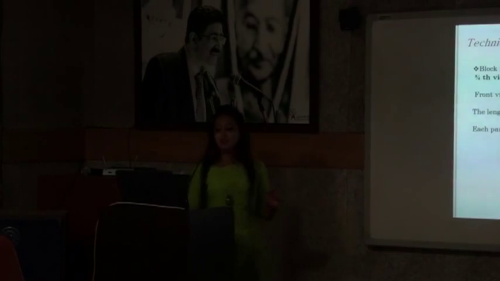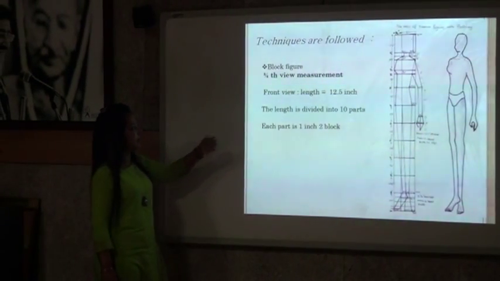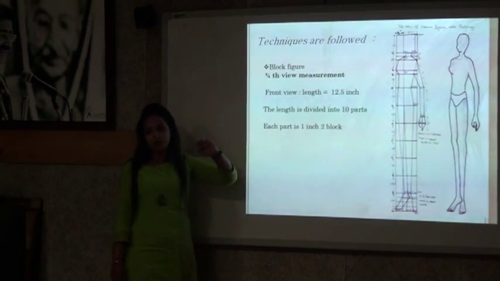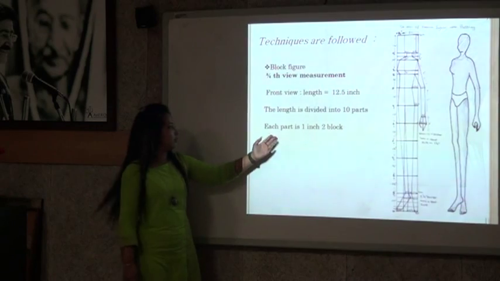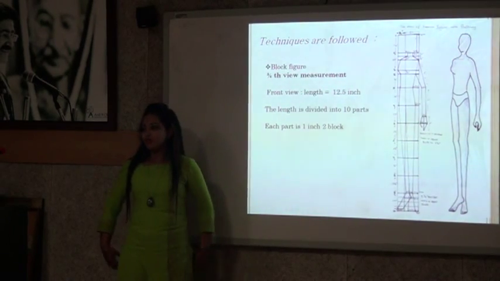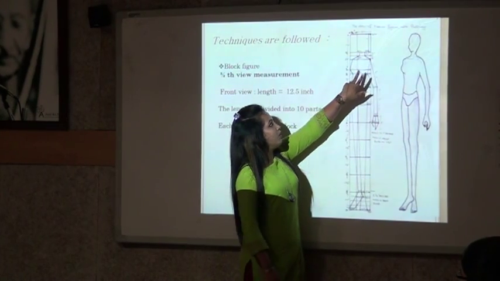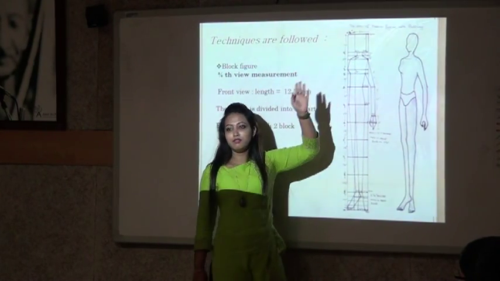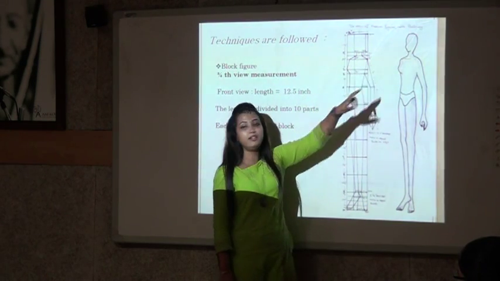Again, for the 3/4 view, the technique remains the same: we take 12.5 inches, and after that it is divided into 10 parts, and each part will be 1 inch 2 block. But the difference is, what we do in the front, the block is divided the same.